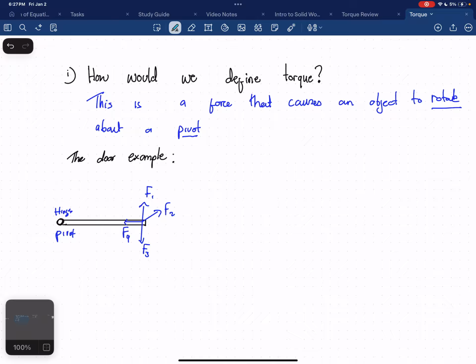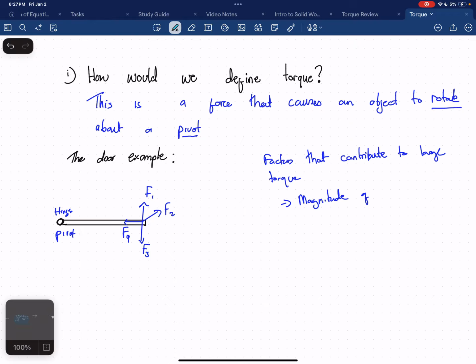All right. Now, there are a few factors. There are three factors that contribute to how large a torque is. The first factor, factors that contribute to large torque: we got the magnitude of force.